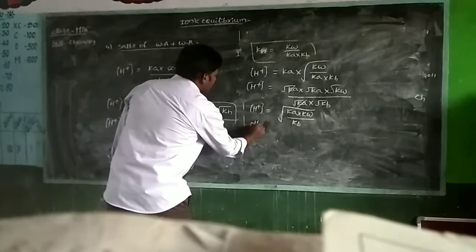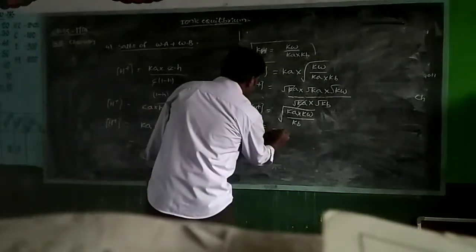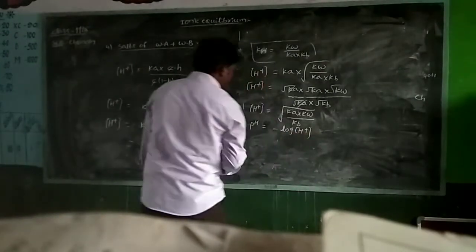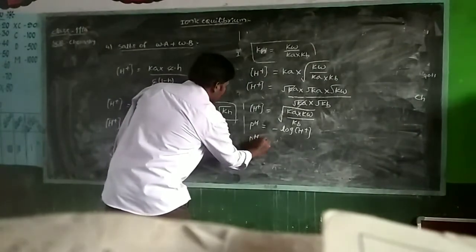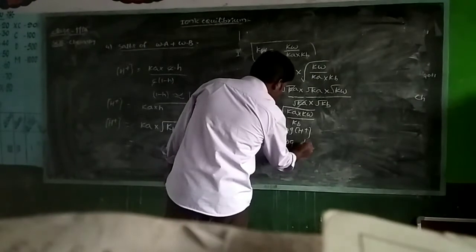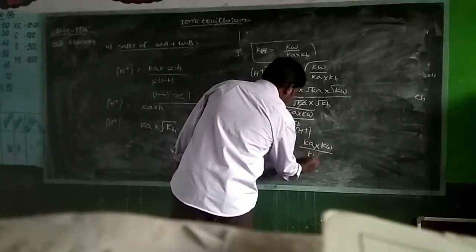Now find the pH value. pH is equal to the negative logarithm of the H plus ion concentration. pH is equal to minus log of root of Ka into Kw by Kb.